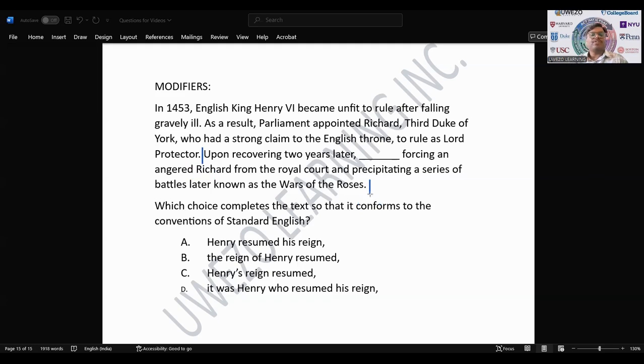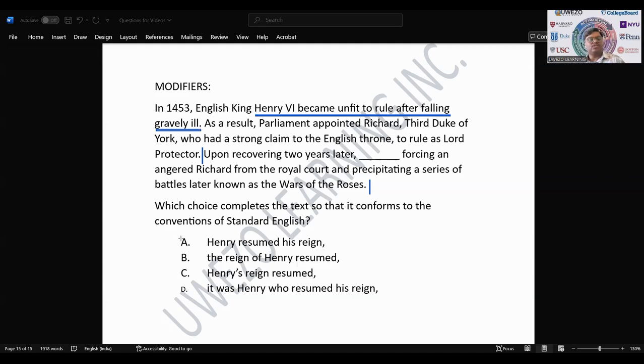So it says, upon recovering 2 years later. So someone recovered 2 years later. From the text above, we know that English King Henry VI became unfit because he fell gravely ill. One thing is for sure, that Henry VI was ill and probably he recovered 2 years later.